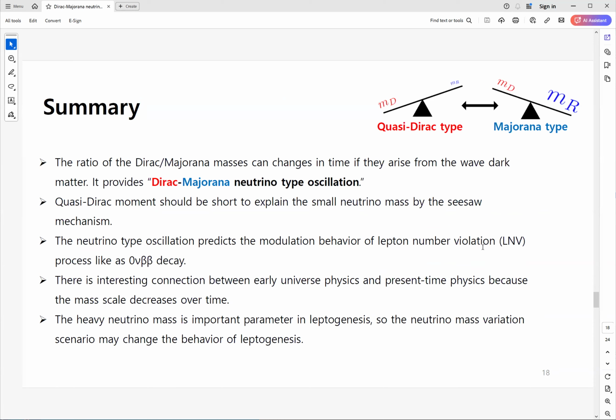Such neutrino-type oscillation can provide modulation behavior in neutrinoless double beta decay. There are also interesting connections between the early universe and present-time neutrino physics, and such heavy neutrino mass variations can provide interesting phenomenology of leptogenesis. Okay, thank you for listening.